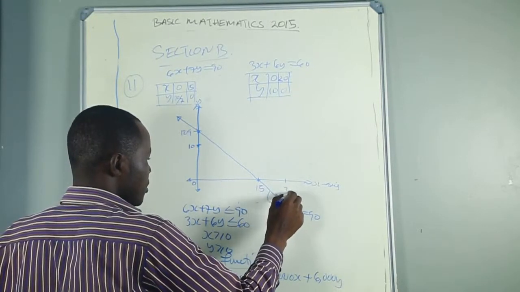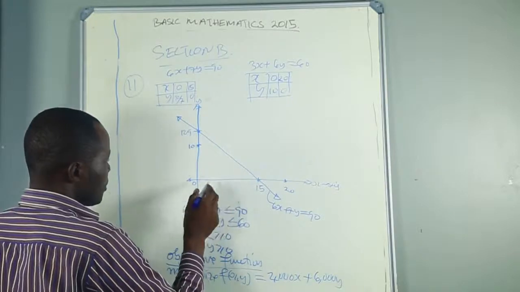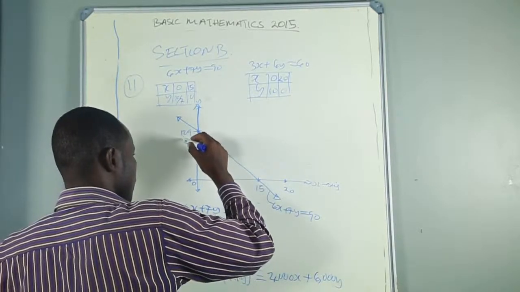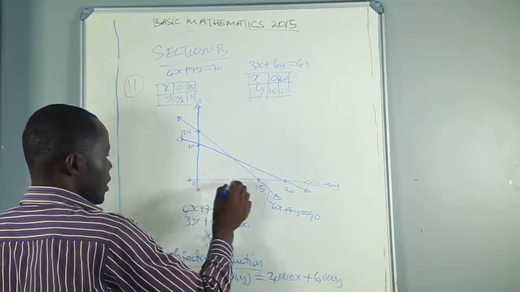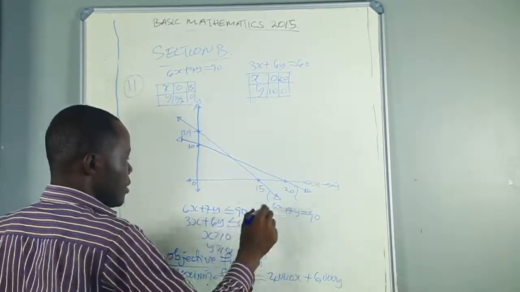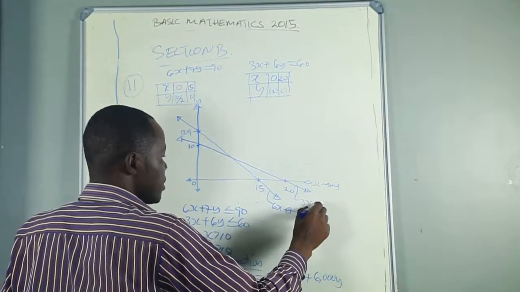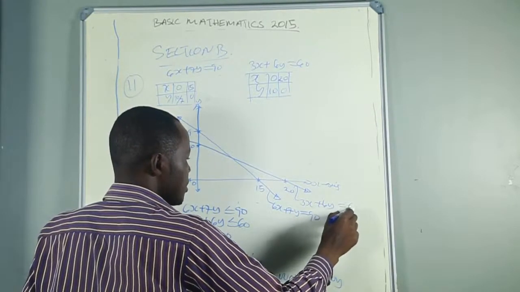Then we join the points using a straight line. Then we label this: 3x plus 6y equal to 60.